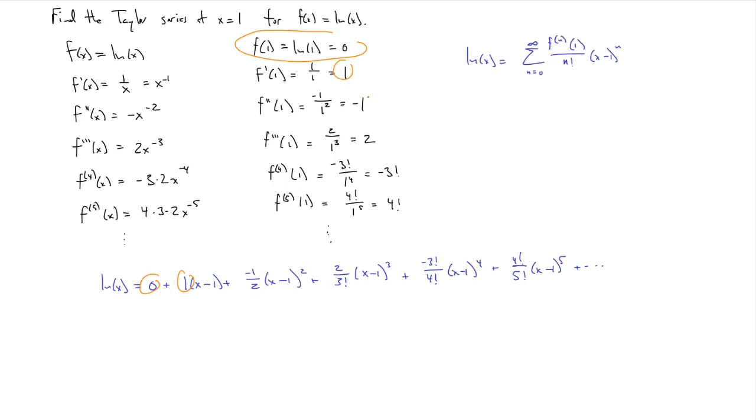And then we have the minus 1 over 2 factorial times x minus 1 squared. And then the next term, the 2 over 3 factorial times x minus 1 cubed.